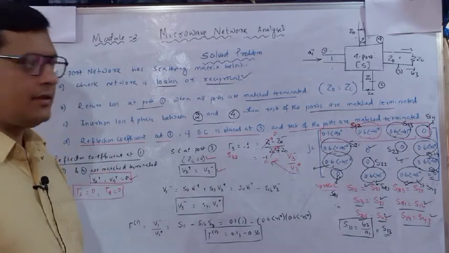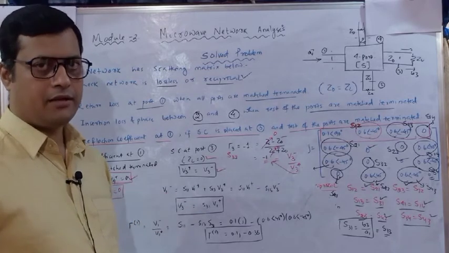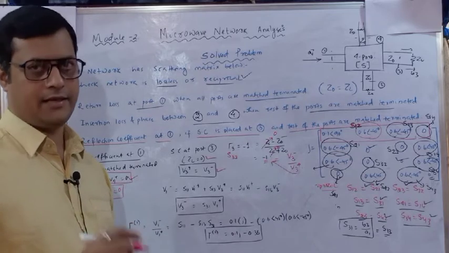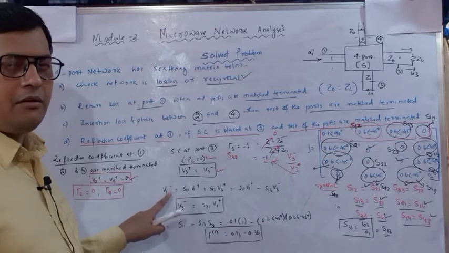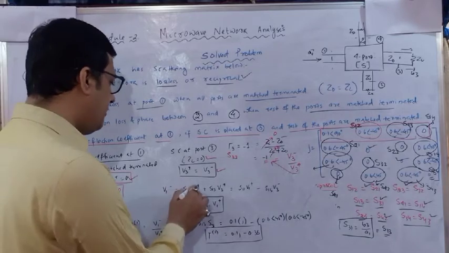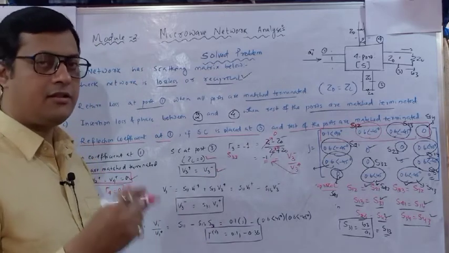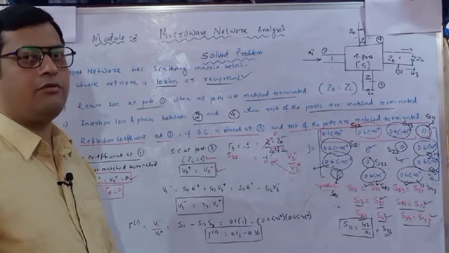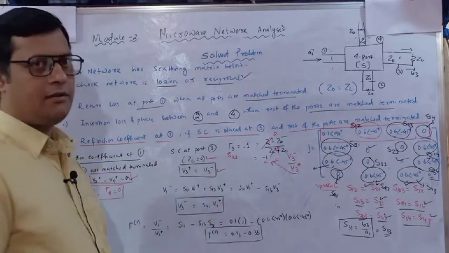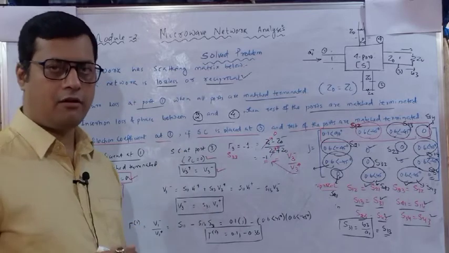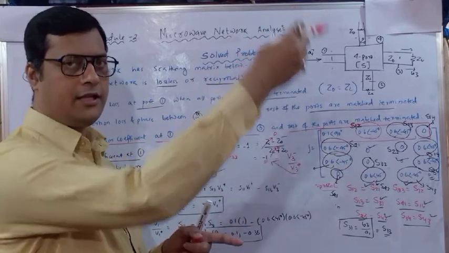Next, with respect to ports 1 and 3 we are going to identify, because the rest of the ports are terminated. So what will I write for the reflected equation? V1 minus equals S11 V1 plus S13 V3 plus, because S12 and S14 have no relation, so it will have only S13 and V3 plus. Whenever we form the scattering matrix, the first one is the reflected potential, then the scattering parameter, then the incident potential.